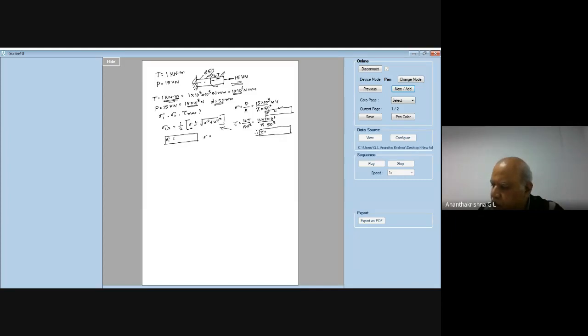The third one is tau max, equal to sigma 1 minus sigma 2 by 2. Could you understand how to solve this problem? Yes, sir. Please find out sigma, shear stress, then maximum principal stress, minimum principal stress, and maximum shear stress. Please calculate and let me know the answer.